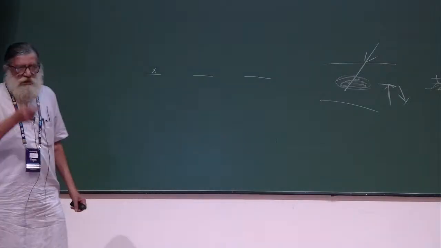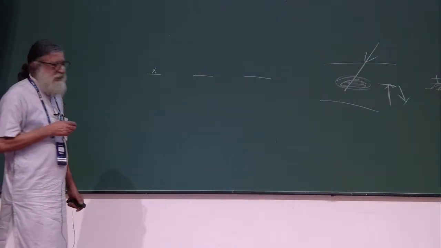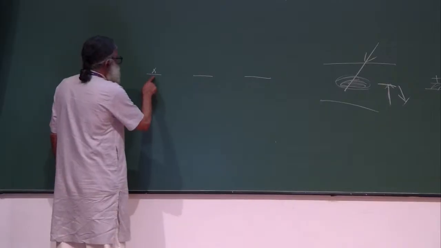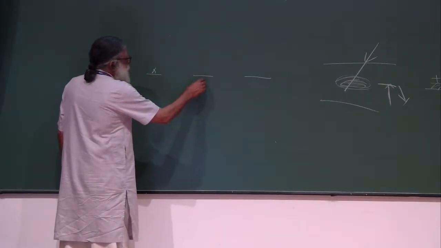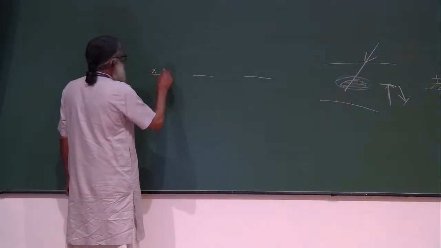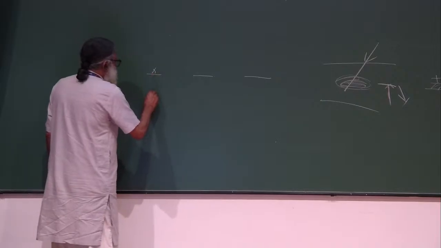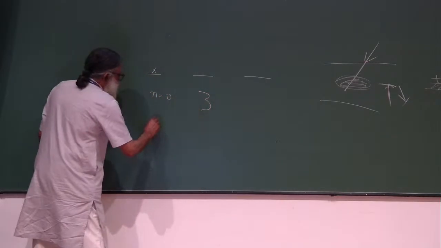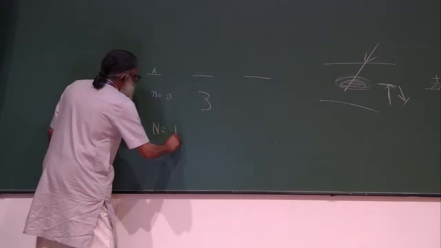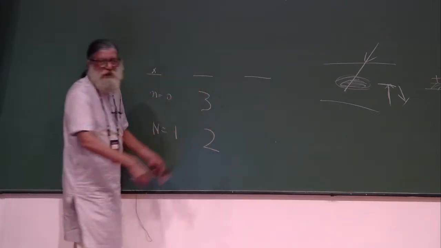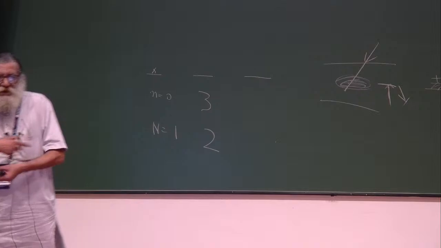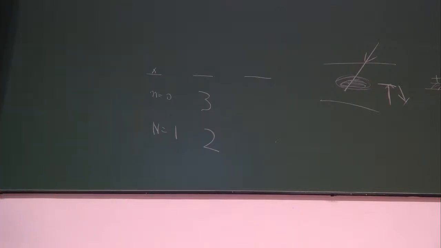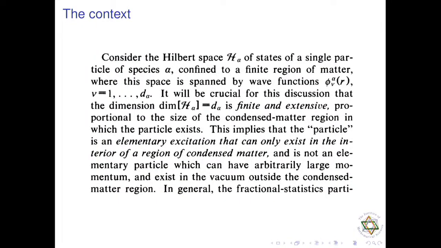Whereas for a fermion, because of the exclusion principle, once you put one here, the number of states left for you is only 2. So when n is 0, the number of states is 3. When n is equal to 1, the number of states is 2, and so on. And at some point you can't put in any. So that is what he generalized.